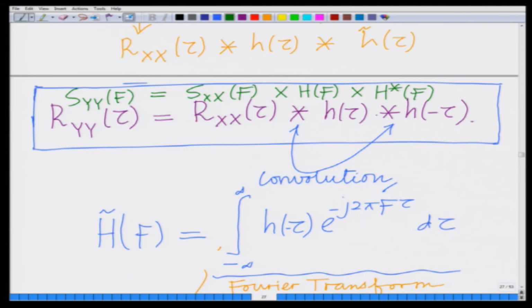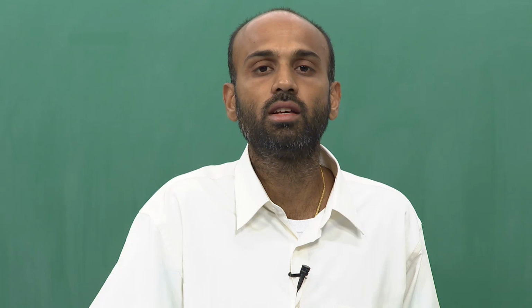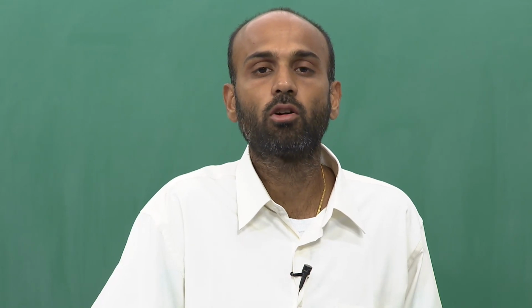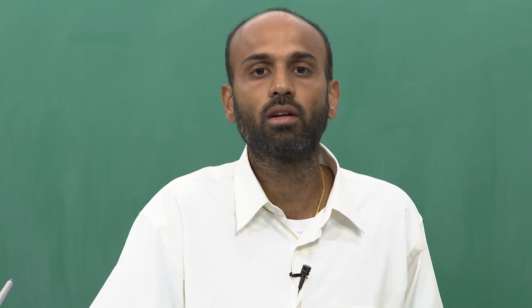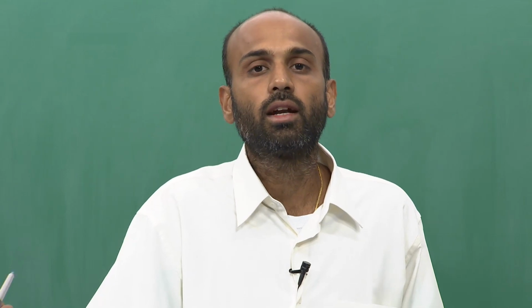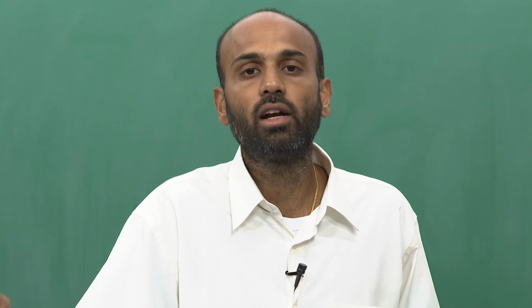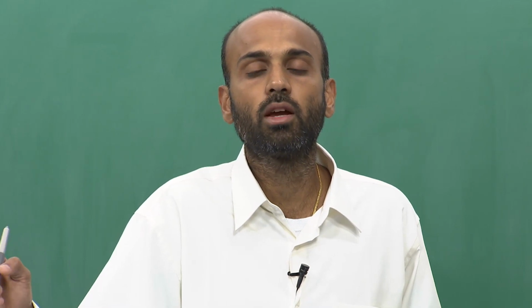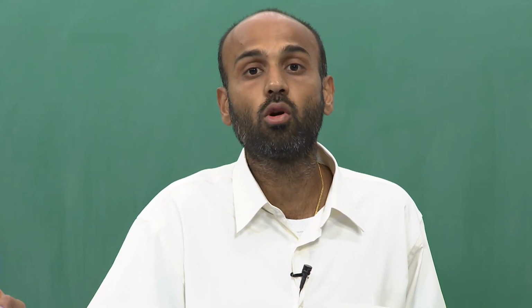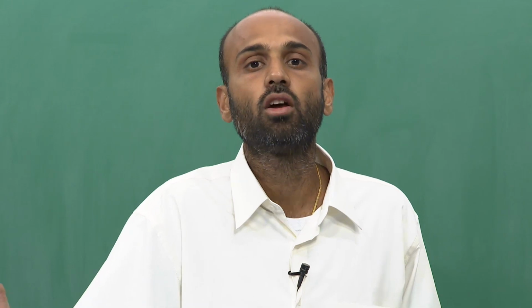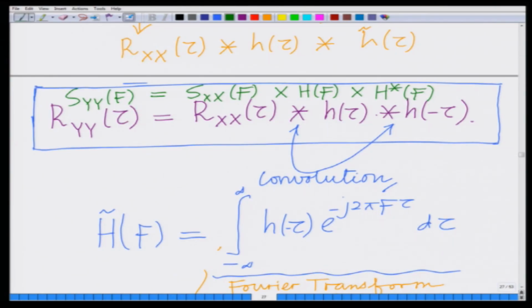It is the power spectral density of the output random process y of t is S x x of f, the input power spectral density, or power spectral density of the input x, times h of f, the frequency response of the LTI system, that is the Fourier transform of the impulse response h of t, times h conjugate of f, that is the conjugate of the Fourier transform of the impulse response h of t.